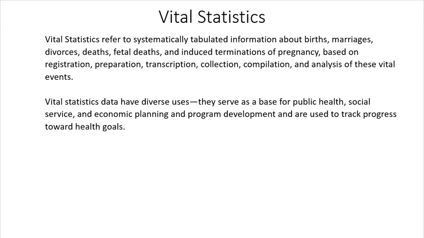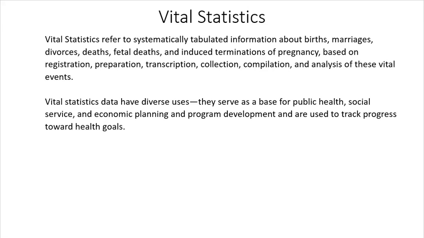Vital statistics refers to systematically tabulated information about births, marriages, divorce, deaths, fetal deaths, and induced terminations of pregnancy based on registration, preparation, transcription, collection, compilation, and analysis of these vital events. Vital statistics data have diverse uses. They serve as a base for public health, social service, and economic planning, and program development, and are used to track progress toward health goals.